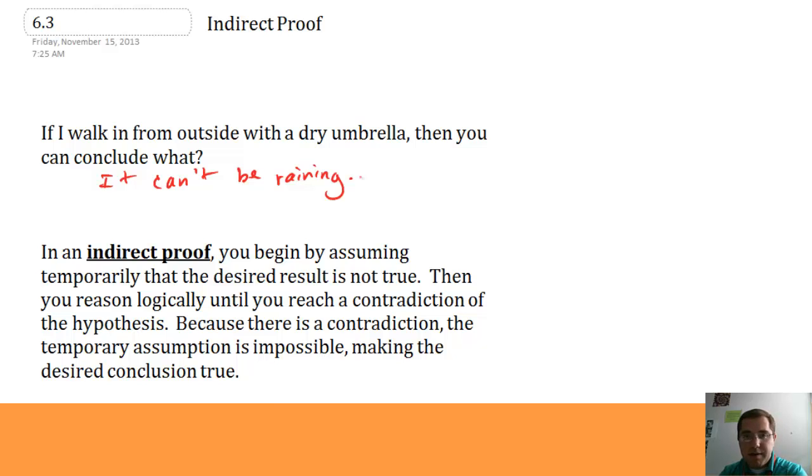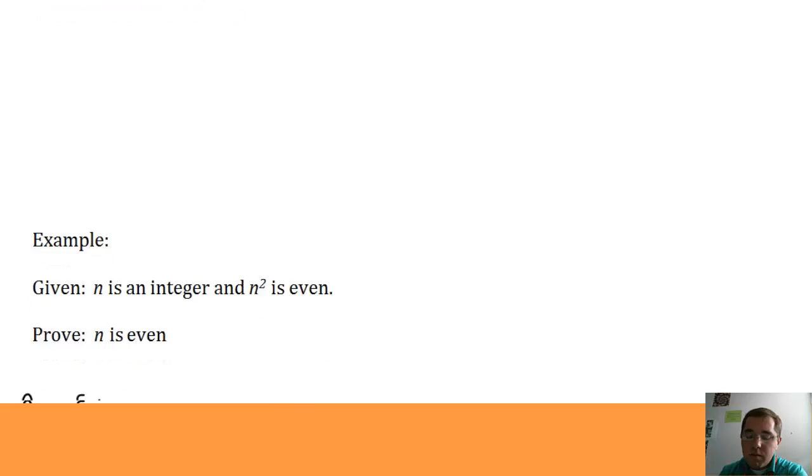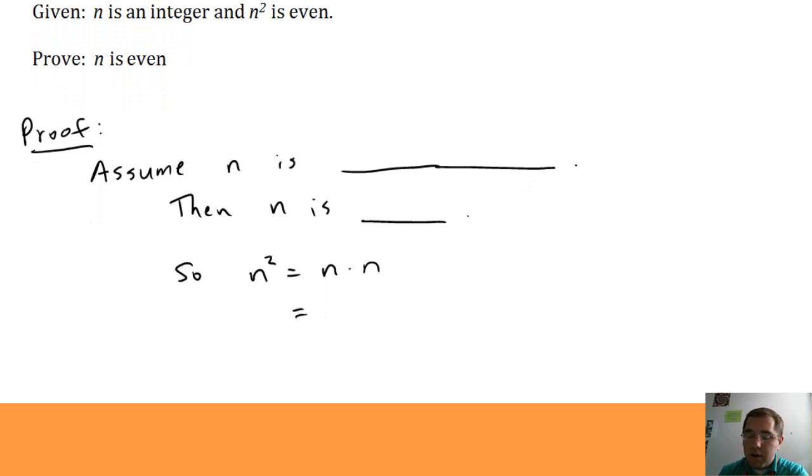Now that probably makes no sense right now, so we're going to do two examples. You should write both of these down. First example. You're given that n is some integer and n squared is an even number. You want to prove that n also must be even. But here's how the proof would work if it's done in an indirect way.